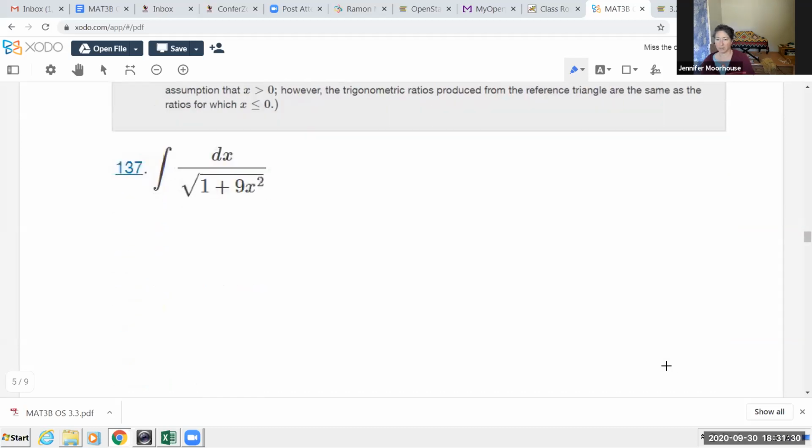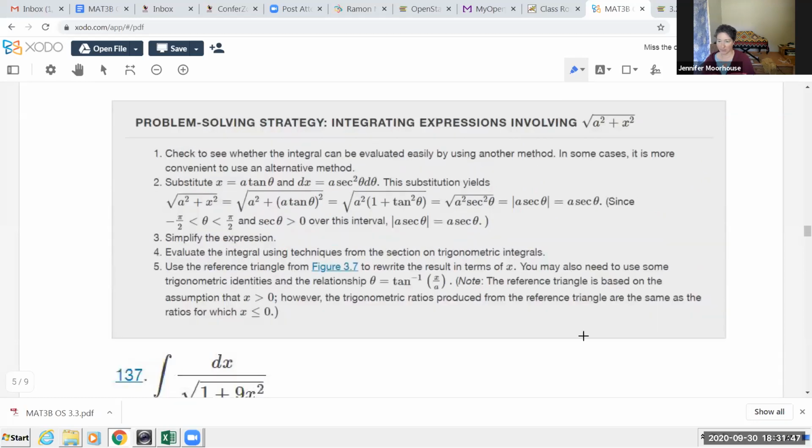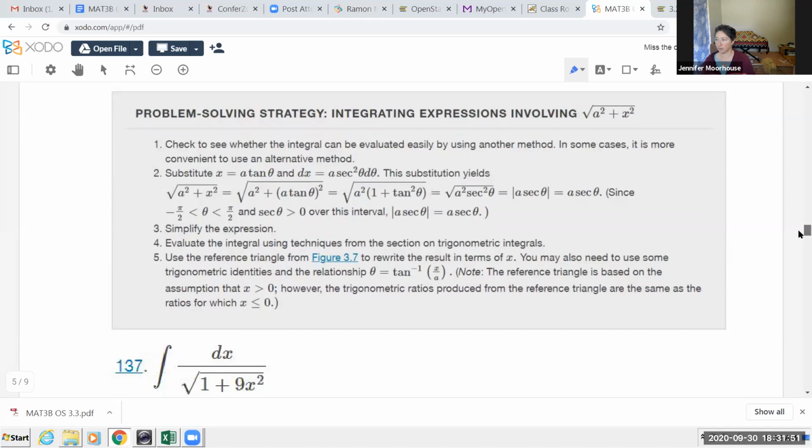All right, so here's one for you to try. We'll see how bad it is, but we'll try this one and at least do the first bit of the substitution. So think about how you would want to substitute. What is the substitution you're going to make for x?